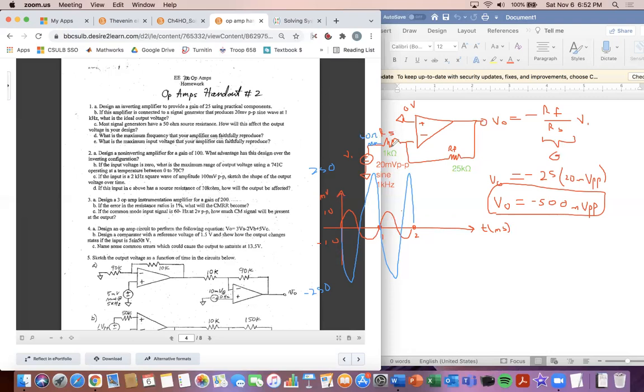So it's not going to be 25 for gain. Our gain is going to be reduced since it's a bigger number for RS. It's now 1K plus 50 ohms. And so that's going to cause there to be a smaller gain because you're dividing by a larger number. So what's here is smaller gain for part C.